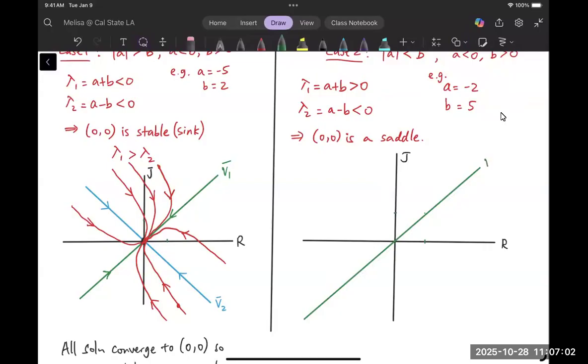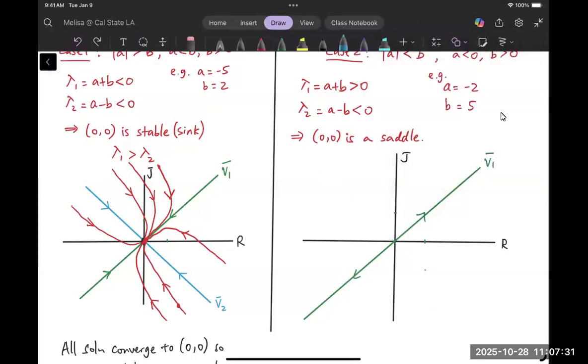This is the span of V1. V1 is the eigenvector associated with lambda 1, but lambda 1 is positive, so that means the flow is going away from the origin. So you're going outward like this for V1. And the other eigenvector V2 is (1, -1), so it will be something like this.